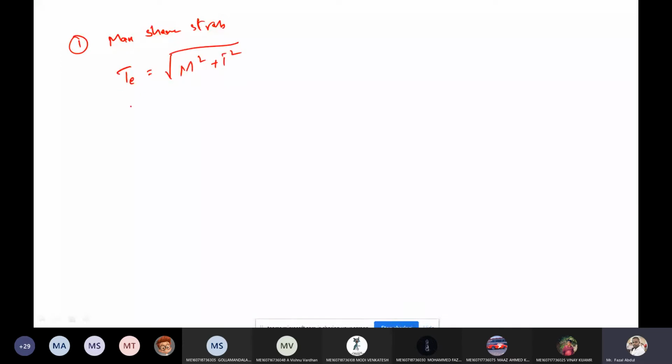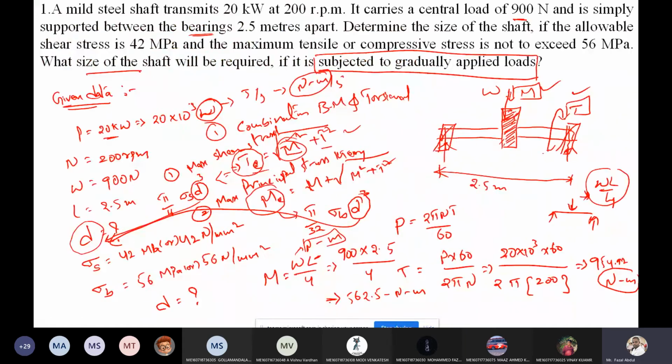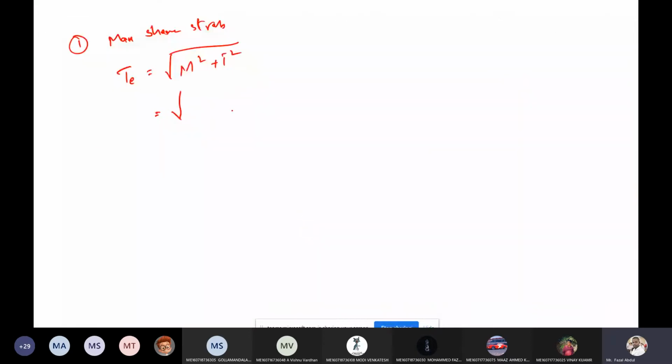Now, submit the answers here. What is m? The m value is 562, t value is 954. So 954 square, and m value 562, 562 square.